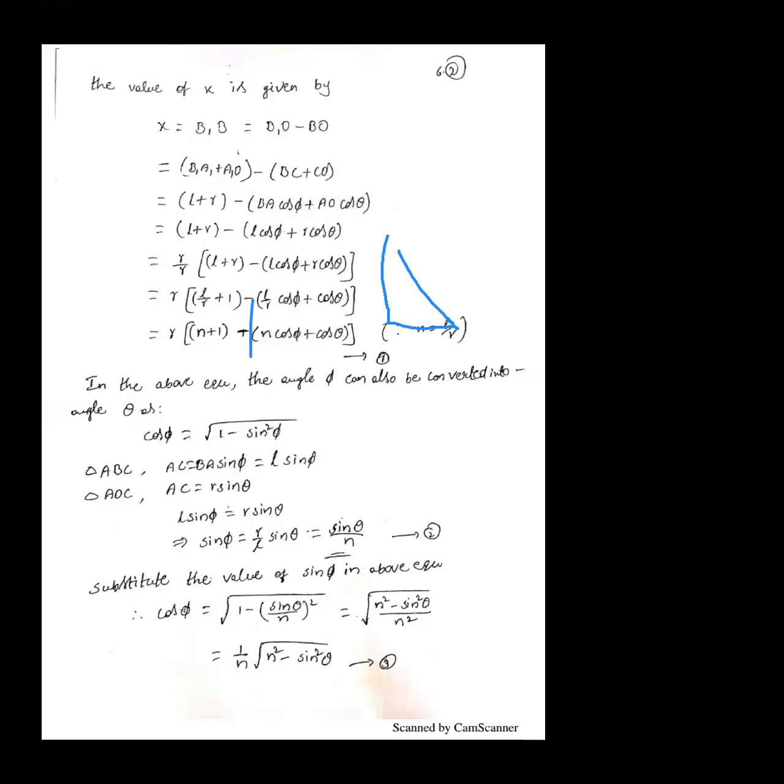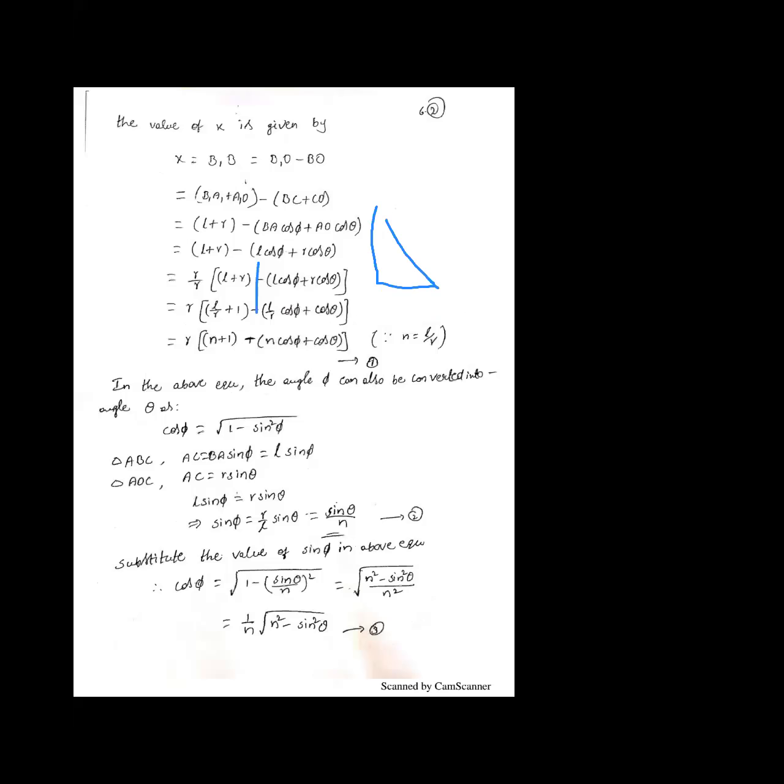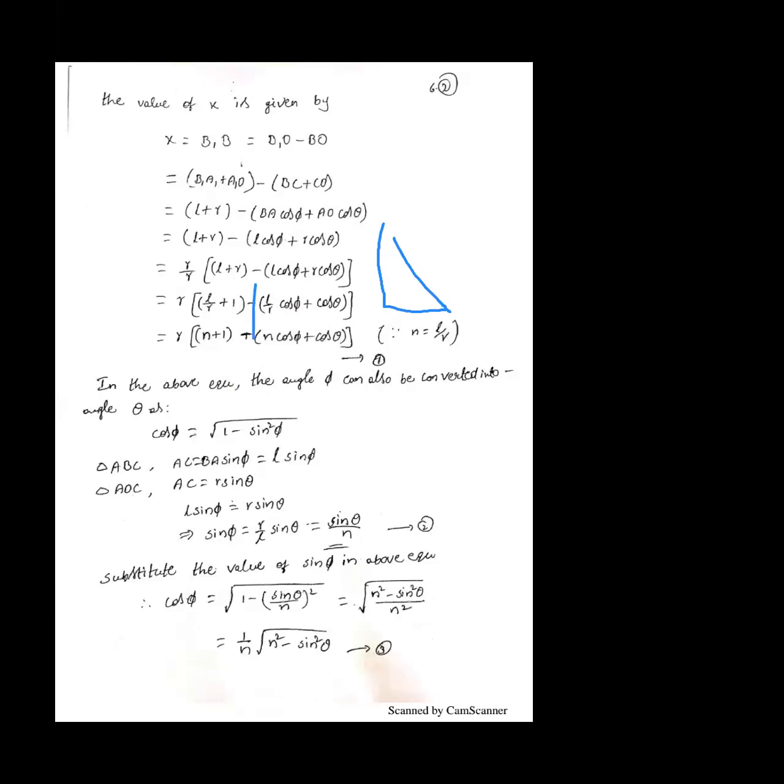So observe that. L plus R minus L cos phi plus R cos theta. Then in that equation they may multiply and divide with R. So all of you observe that.